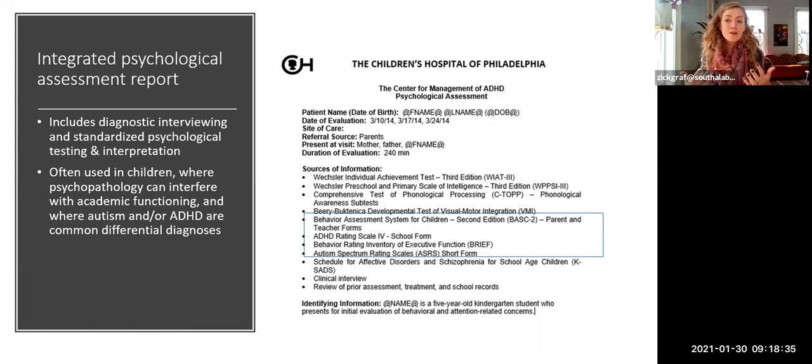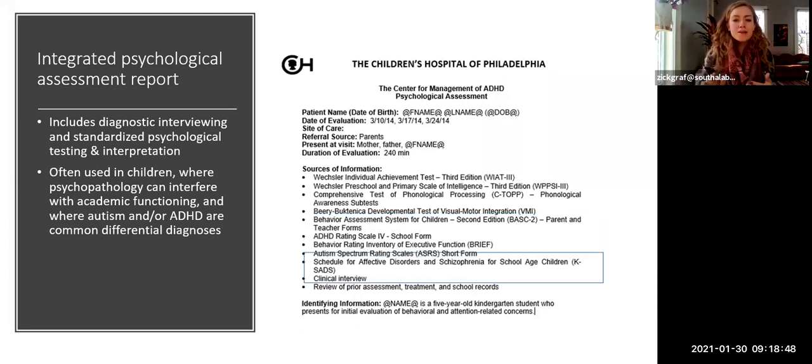So there's not necessarily a normal score, but the higher your score on this measure, the more symptoms of ADHD are being endorsed. So those are the two different examples of psychological questionnaires, norm-referenced and non-normed. And then lastly, I did structured diagnostic interviewing using the Schedule for Affective Disorders and Schizophrenia for school-age children, which is known as the KSADS.